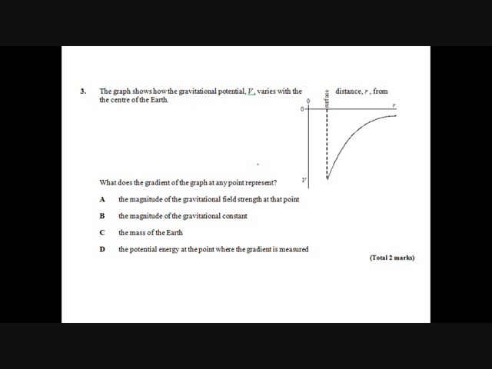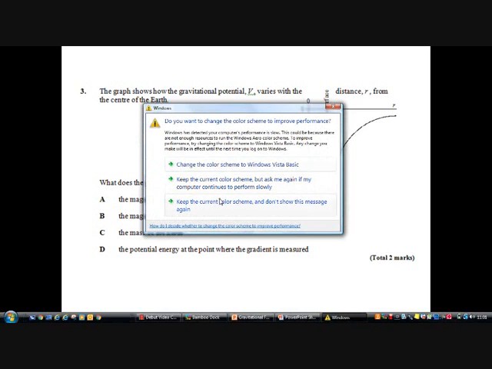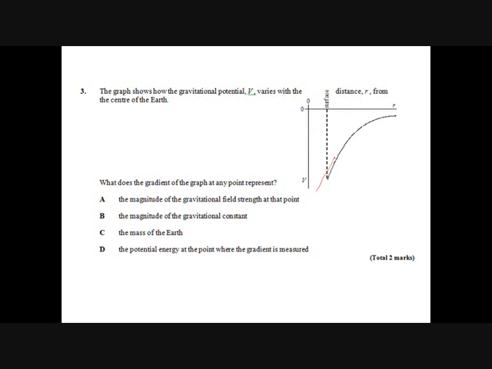Number 3, this is a crucial question to understand. We've got here a graph of potential against distance. This really is like a hill. You can imagine if you were taking a picture of a hill, this is what the hill would actually look like. Obviously this is a very big hill because we're going a long way away from the Earth here. And the gradient of the hill is the gravitational field strength. So when you're close to the planet, this line is steep because you're making a big difference in potential for every small difference in height.